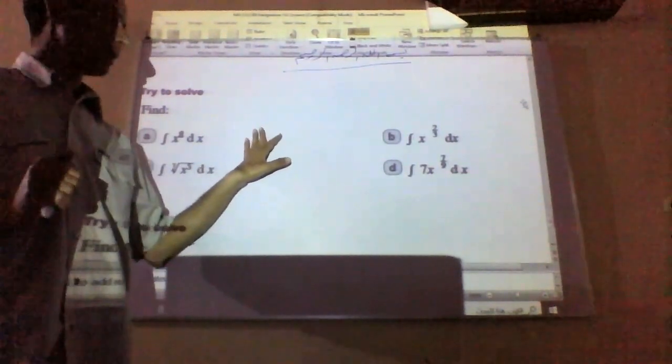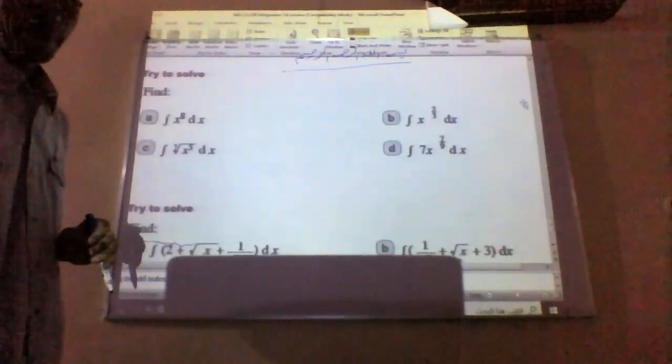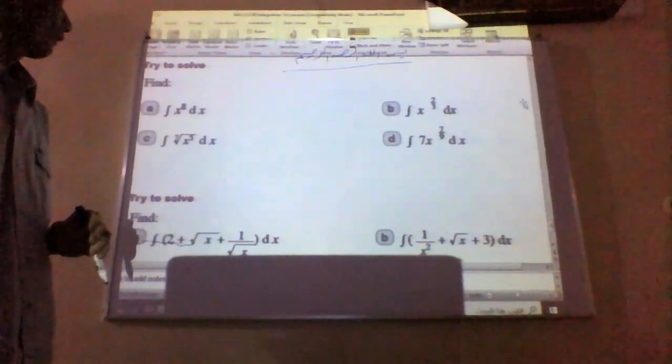Now I finished my examples. This page is for you to solve.